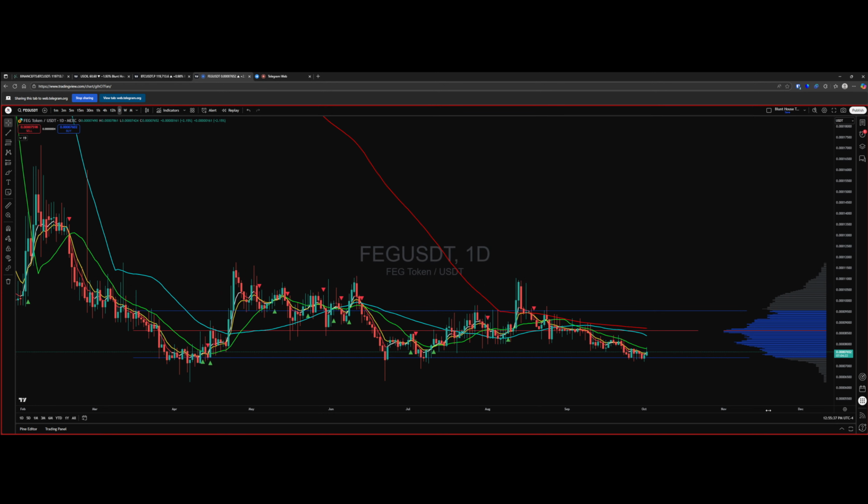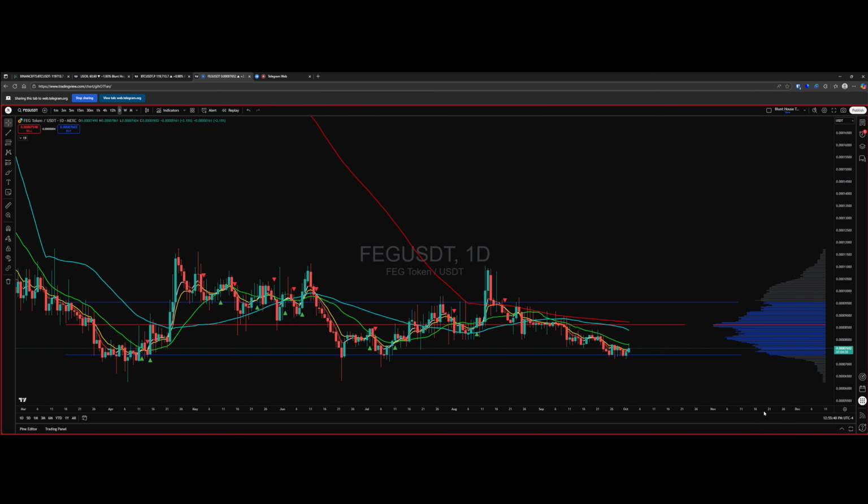And if you're looking at the daily, what do you notice? And again, this could be Bitcoin, it could be oil, it could be IBM, it just happens to be FEG token. You notice that it finds this support at the lower value range.